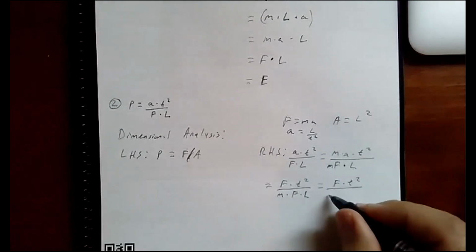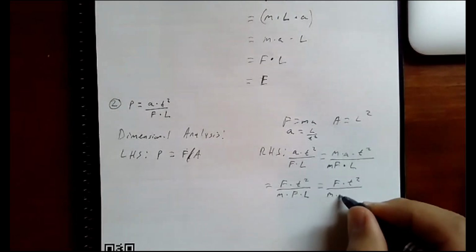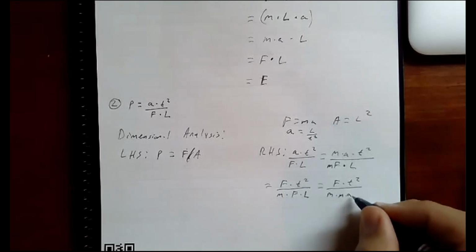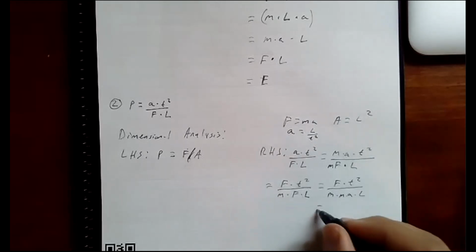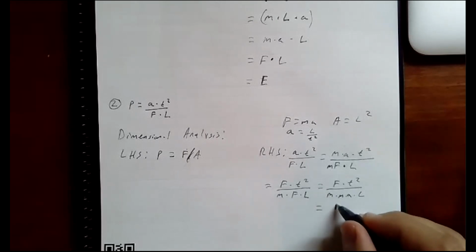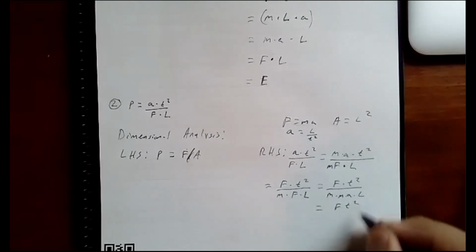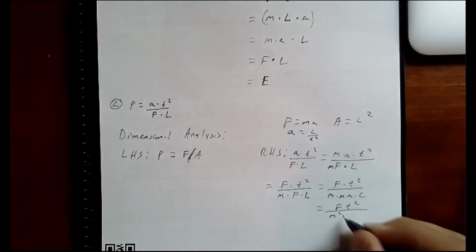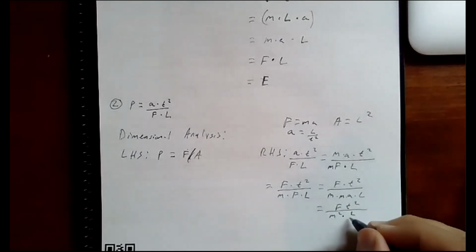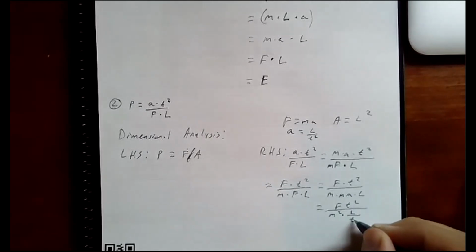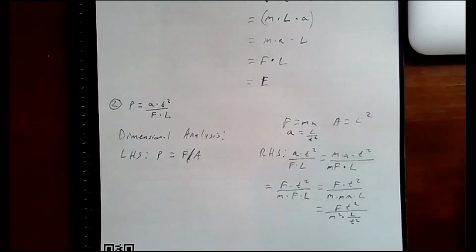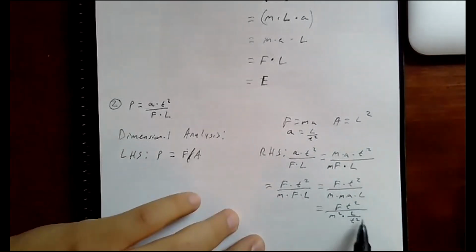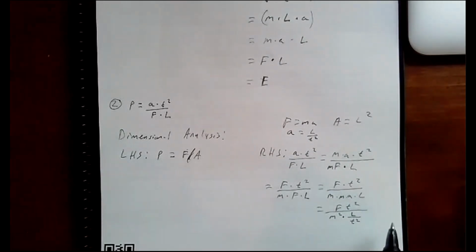F is technically M A. All right. So this monstrosity takes us to M squared, and A is technically L over T squared. See how this goes. That T will go up top. I'll get my L on the bottom.